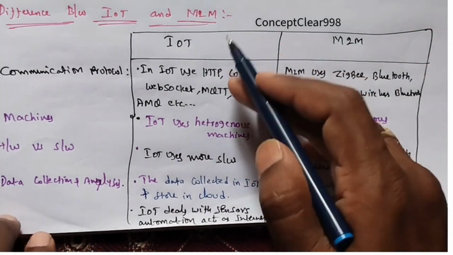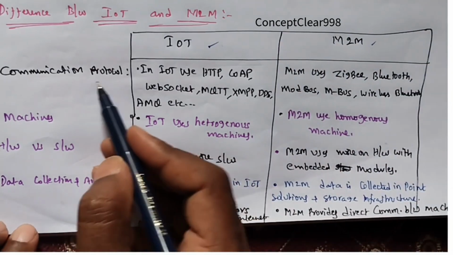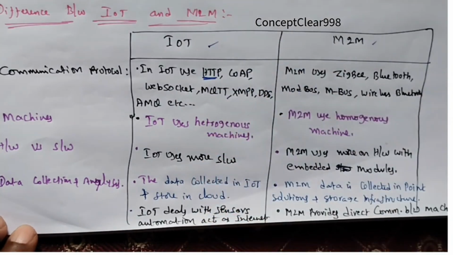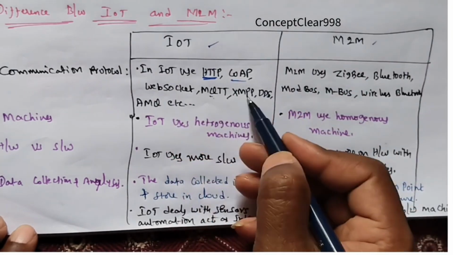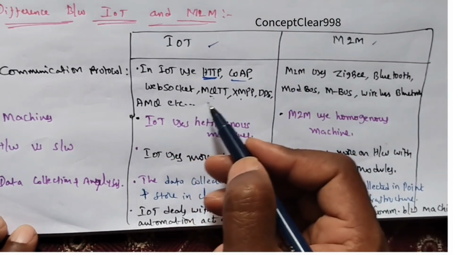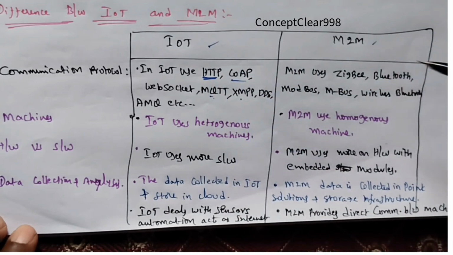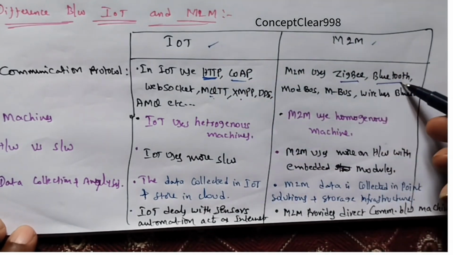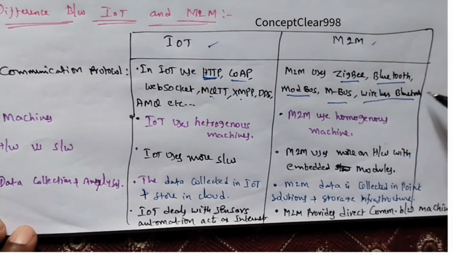In IoT you will use HTTP, file transfer protocol, CoAP, WebSocket, MQTT, XMPP, DDS. These are the communication protocols we use in IoT. And in M2M we will use Zigbee protocol, Bluetooth protocol, Modbus, M-Bus, and wireless Bluetooth protocols.